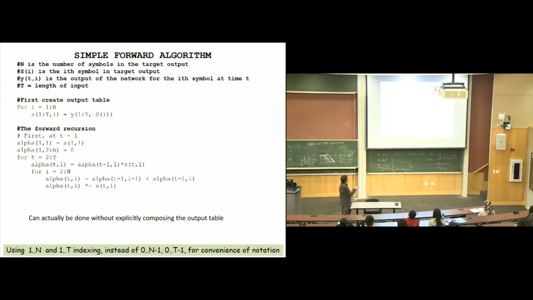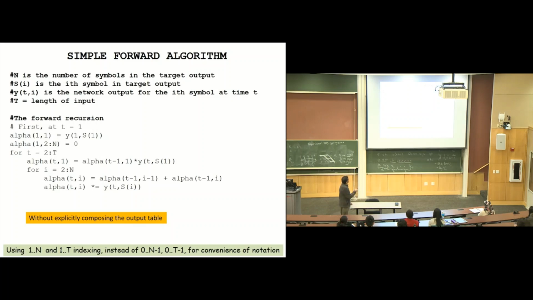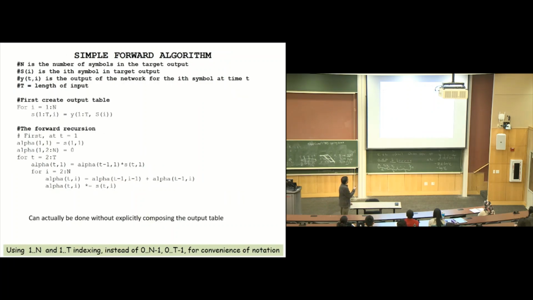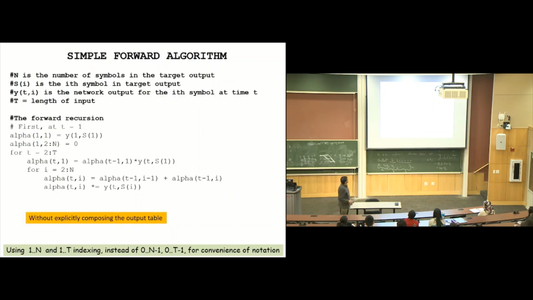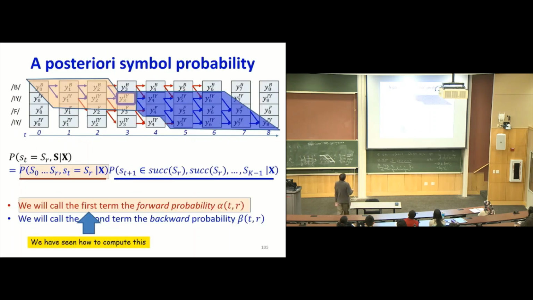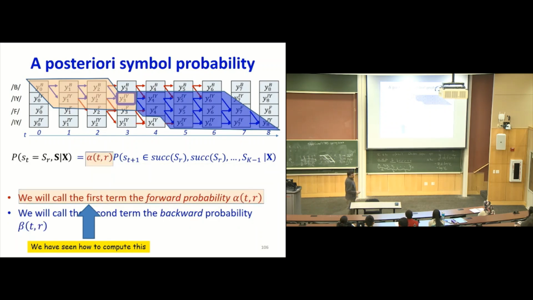At each time, you're summing the alphas for the predecessors and then multiplying it by the current node probability to store it as an alpha. And you can do this without actually explicitly composing this table. It's just being shown. So we've seen how to compute this guy, which is the alpha. I'm going to just call it alpha TR.